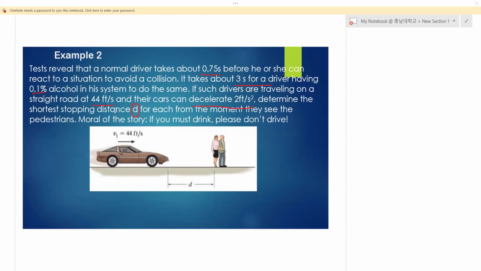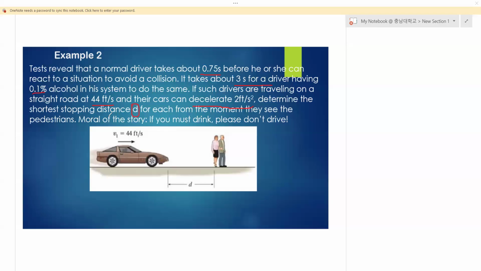So now, before I go into more of the story, the question here is targeting two drivers. They're telling us that there's a normal driver and there's also one that has 0.1% alcohol. For a normal driver, it takes about 0.75 seconds to react and then stop and avoid a collision, whereas if this person has 0.1% alcohol, it takes about 3 seconds to react.